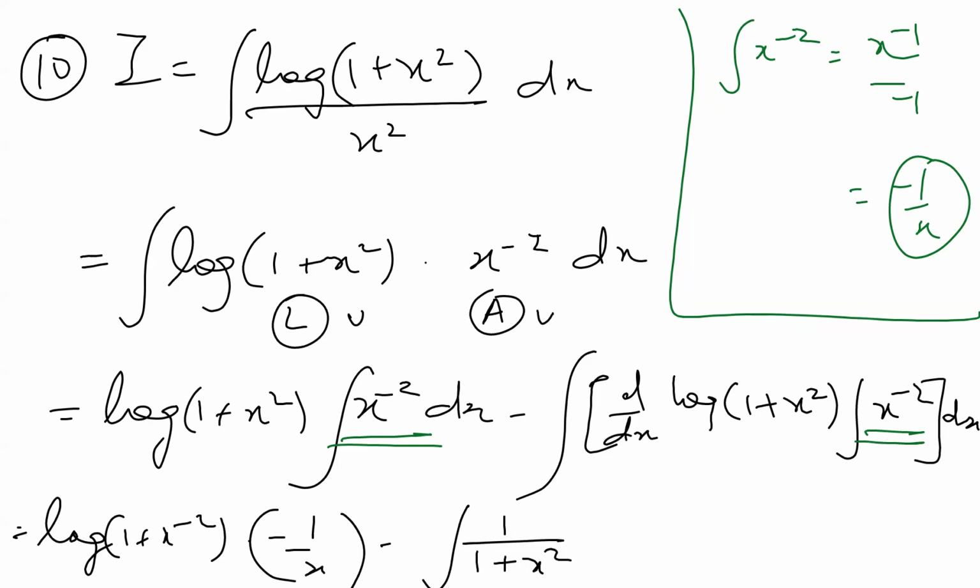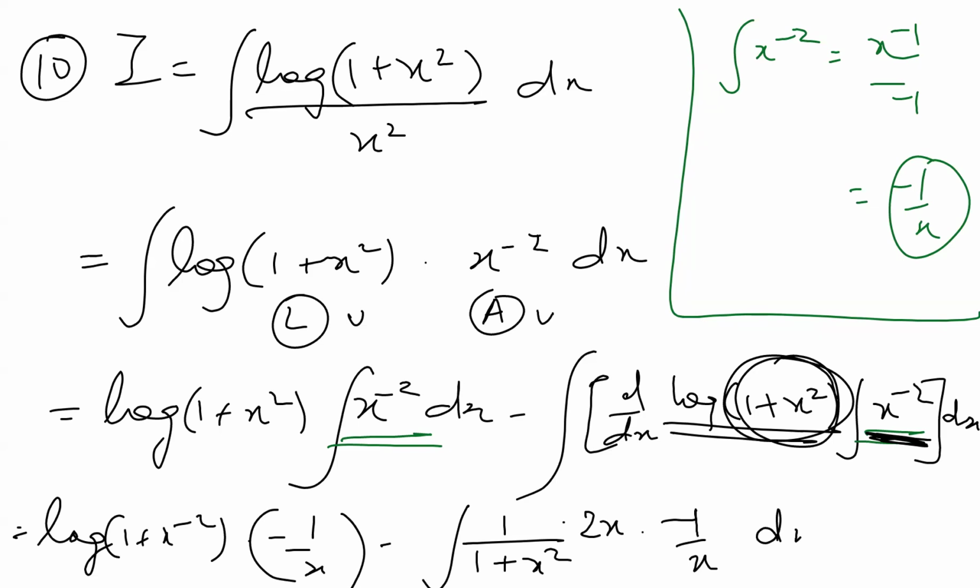1 upon 1 plus x square, derivative of this, into d by dx of 1 plus x square. d by dx of 1 plus x square is 2x. And integration of x raised to minus 2 is minus 1 upon x dx. So this x and this x is gone. This minus and this minus will become plus. Okay.